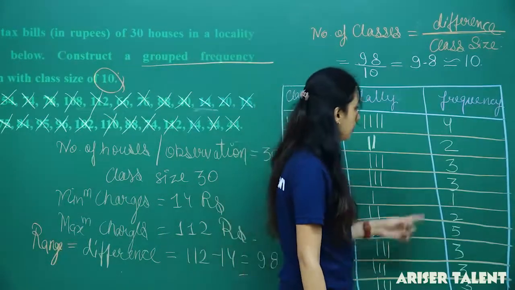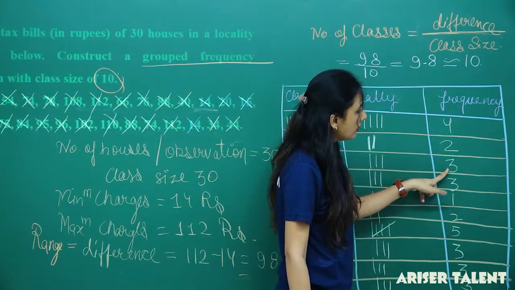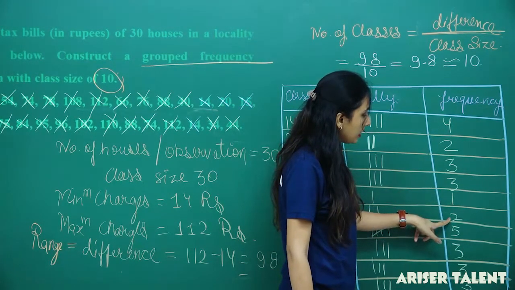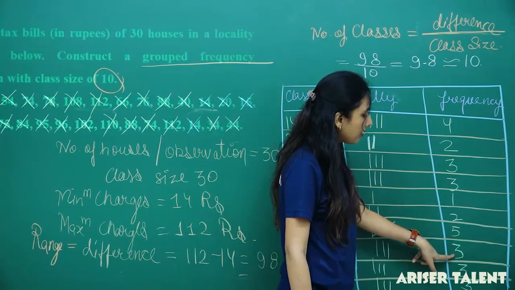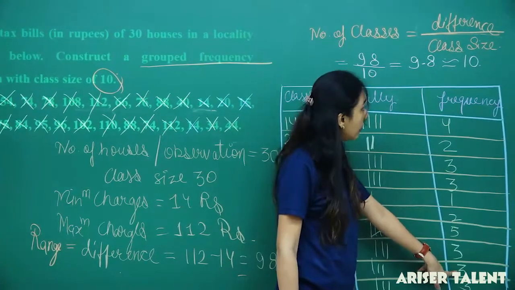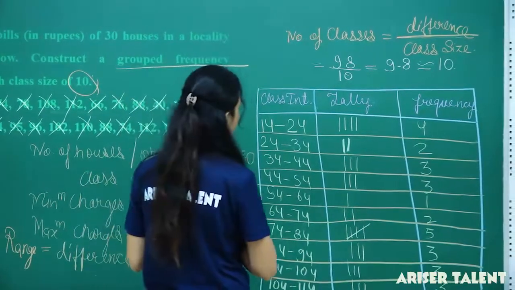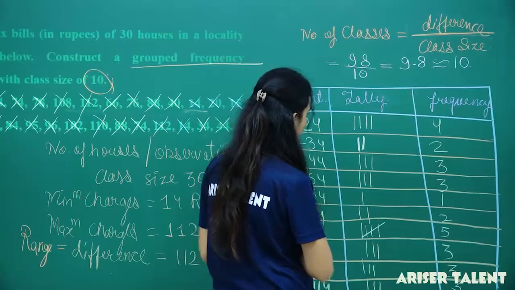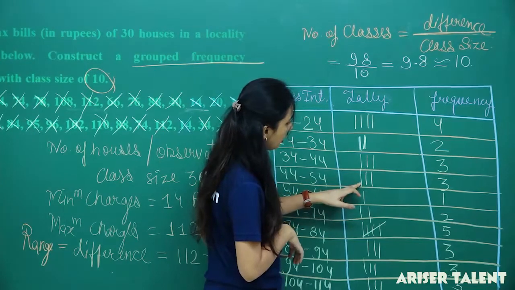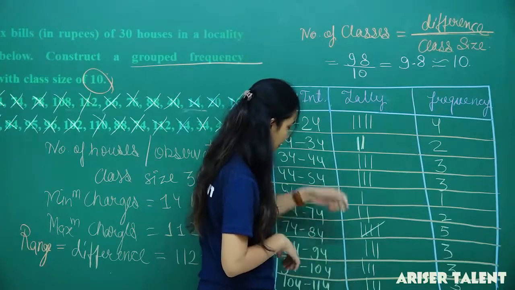If I take the sum here, 4, 6, 9, 12, 13, 14, 15, 20, 23, 26 and 29. Okay, so the frequency is 29 but there are 30 observations. So, am I missing something?